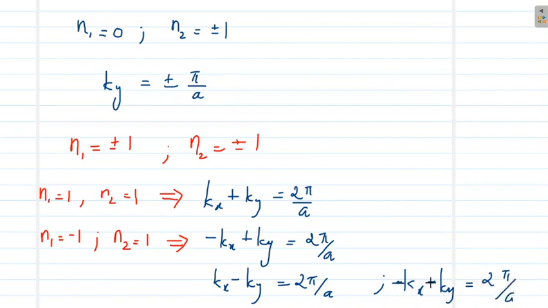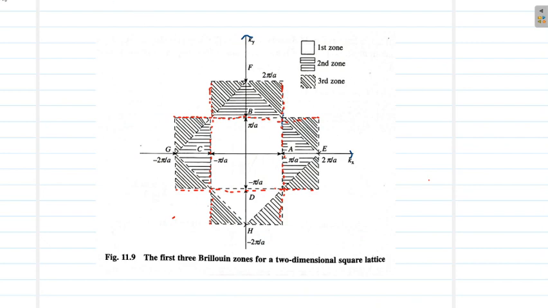So, these four straight lines are the next boundaries or the next combinations of k values not permitted. So, what are those straight lines? Here, this straight line is the curve corresponding to kx plus ky equal to 2 pi by a.